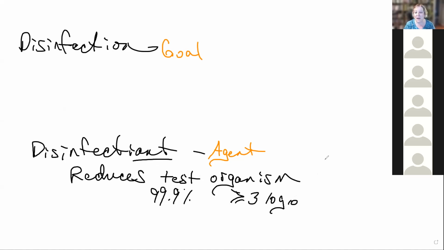So if I take 1,000,000, let's say Staph aureus, because we're interested in preventing staph infections, and I treat it with this disinfectant, then I can show that consistently I get 1,000 or less out at the end of it. So I've taken this number that has 6 zeros and I've knocked it down by 3 zeros. And that works out to be 99.9%.